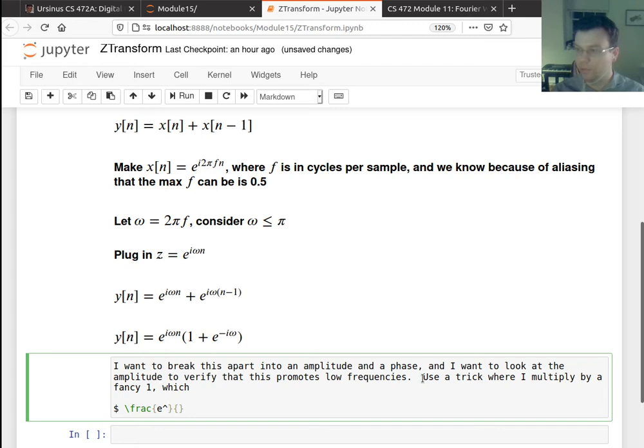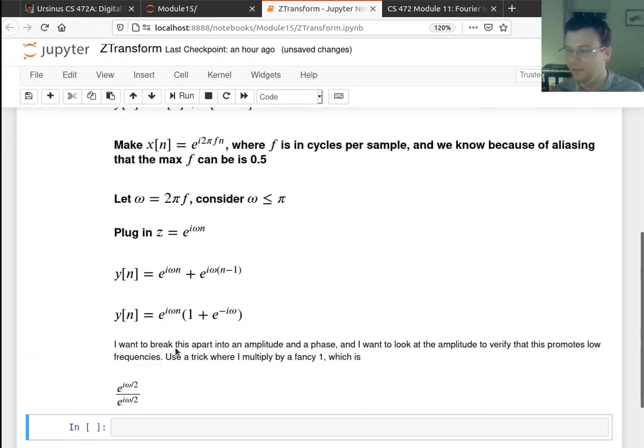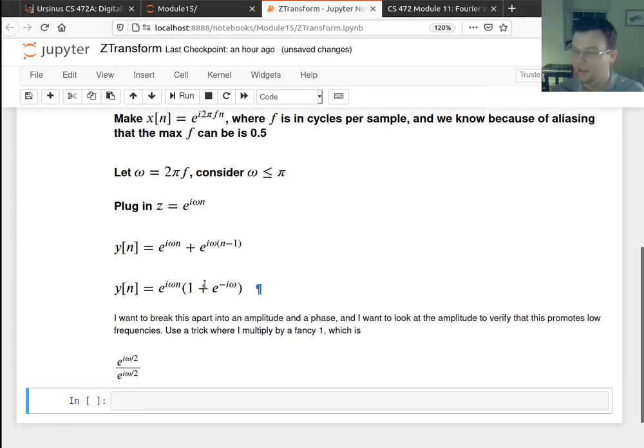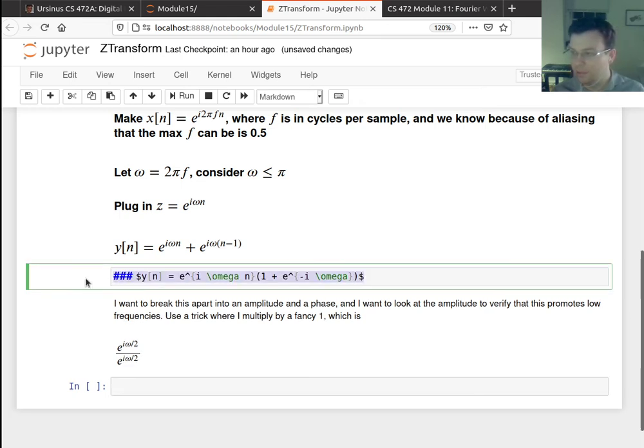I'm going to multiply this equation by e to the i omega over 2 over e to the i omega over 2. So I don't change it, right? This is 1. It's a very fancy 1.